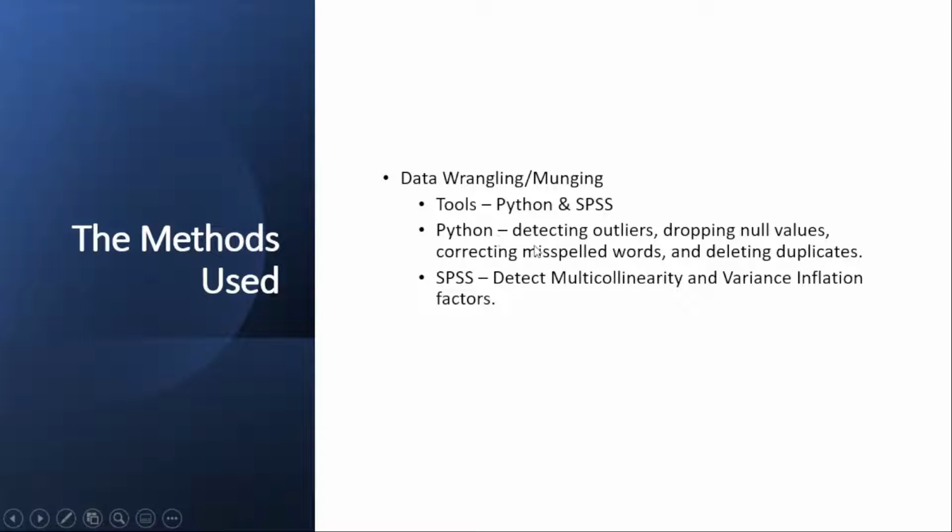Python was used to detect outliers, to drop null values, to correct misspelled words, and to delete duplicates. Then I used SPSS as a software to detect multicollinearity and variance inflation factors.